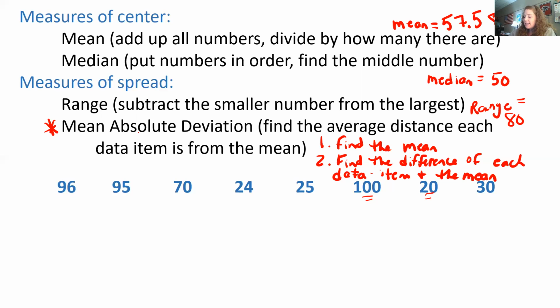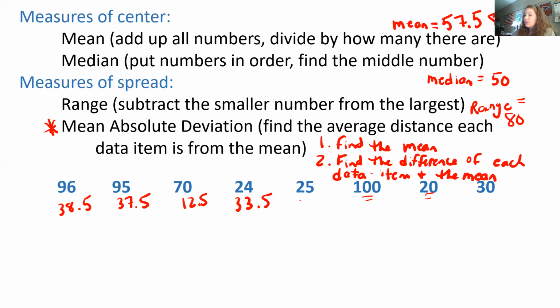So 96 minus 57.5 is 38.5. The difference in 95 and 57.5 has to be 37.5. The difference between 70 and 57.5 is 12.5. The difference in 57.5 and 24 is 33.5.